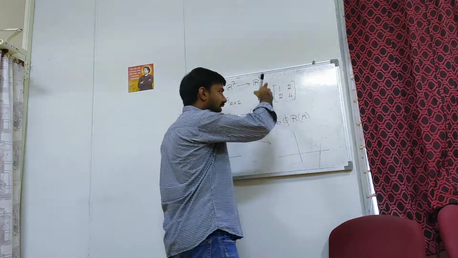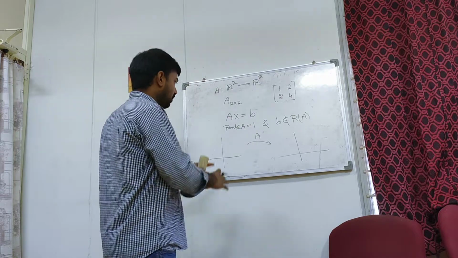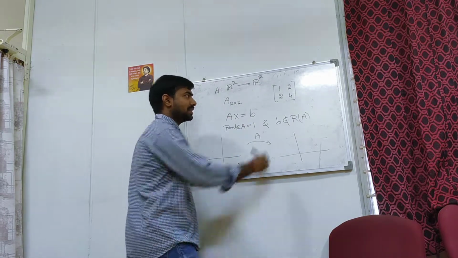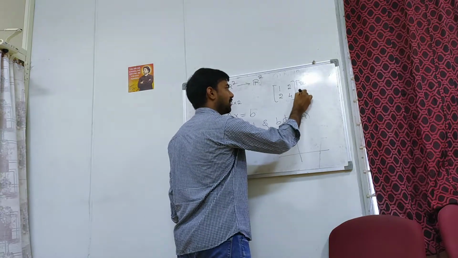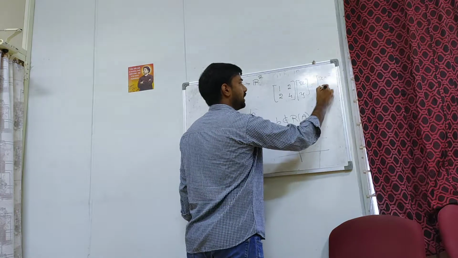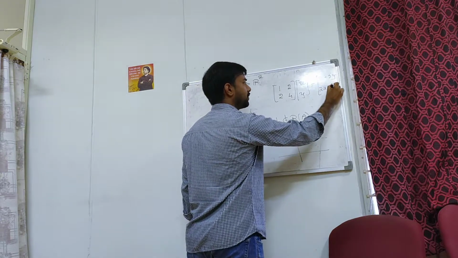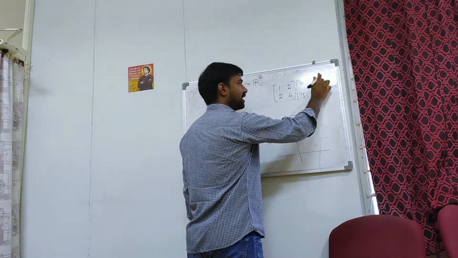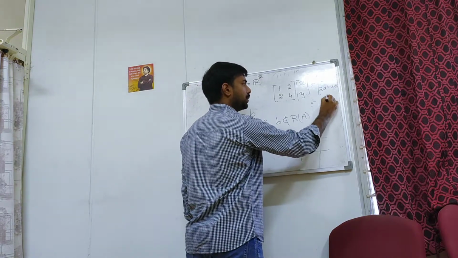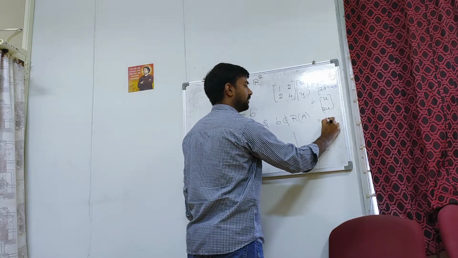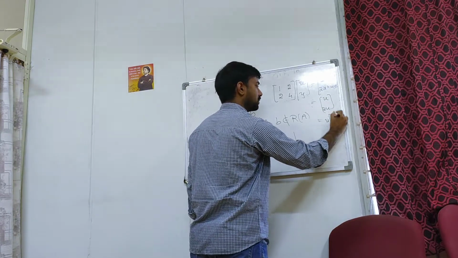Now let us see what the image of the entire R2 is under this mapping. If you multiply this matrix with the vector x, y, you end up with x plus 2y in the first entry and 2x plus 4y in the second. If I take the first expression to be u, the second is 2 times u, so taking u out, it is u times (1, 2).